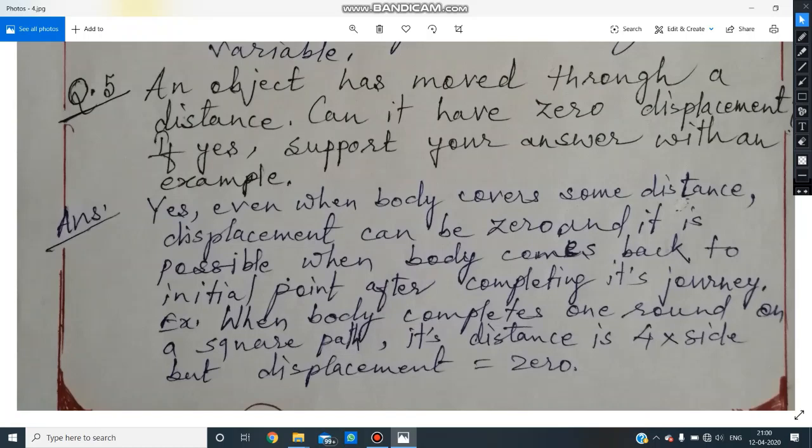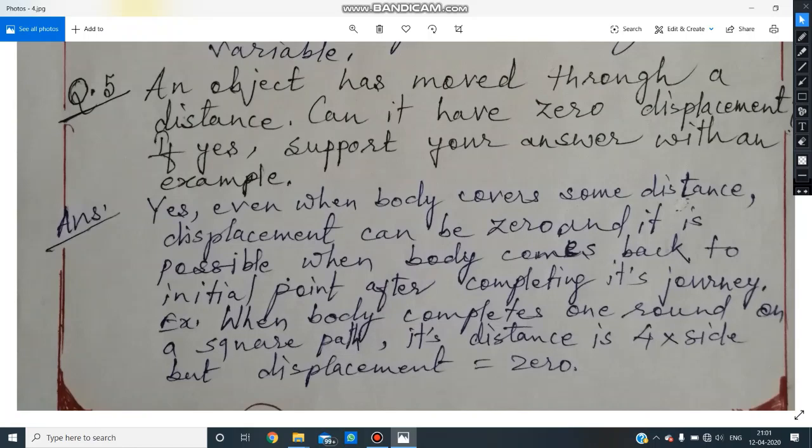But it is possible that even if the body is moving any distance, its displacement can be zero, because displacement is the shortest distance between initial and final point or any 2 points. In that case, if initial and final points become the same, that is both are the same points, then obviously the result will be zero displacement.